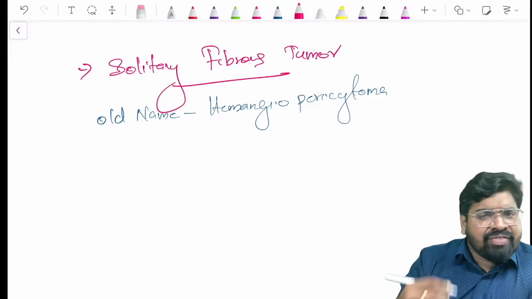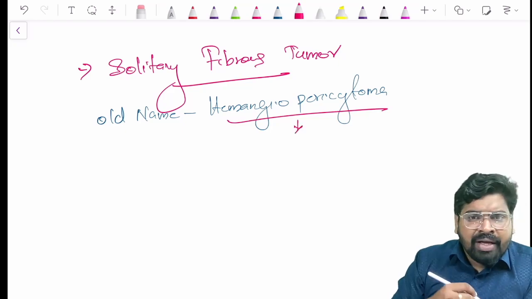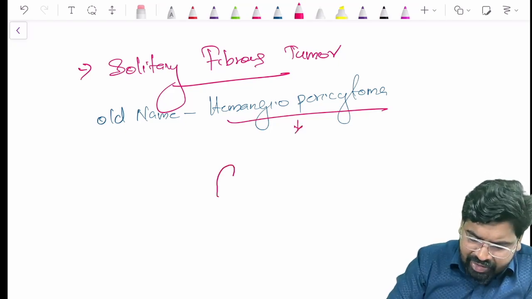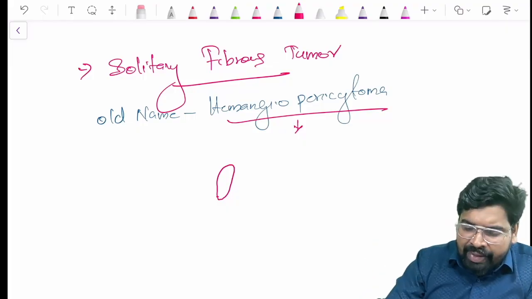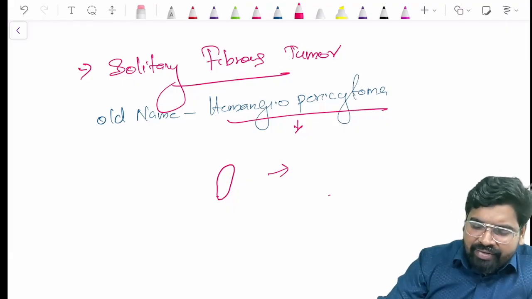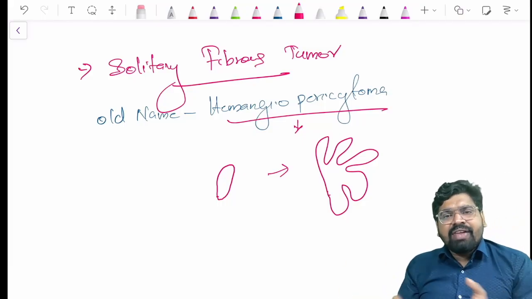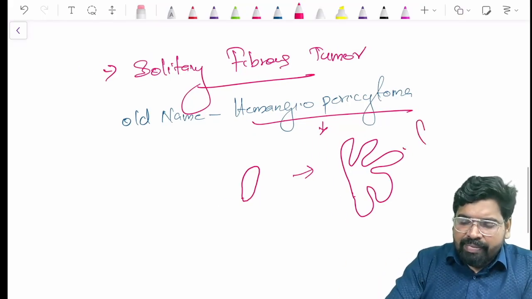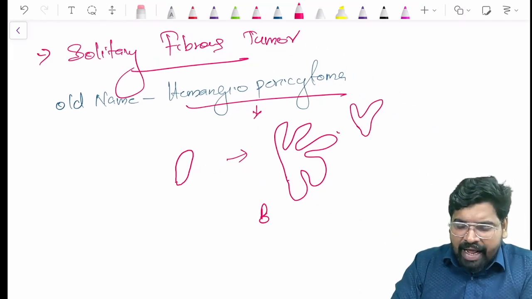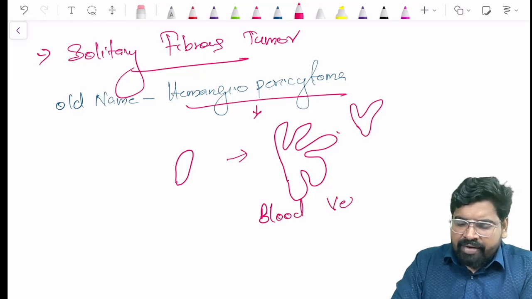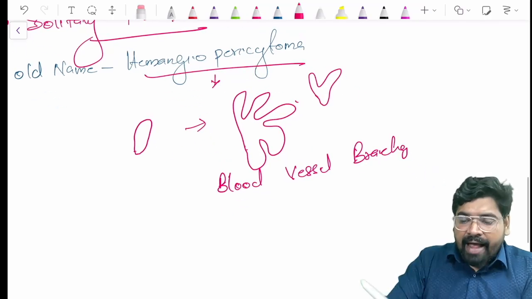Now what is the feature of these hemangiopericytomas? These are blood vessels. In normal condition, blood vessels are just round structures, but in certain tumors, the blood vessel will have branches. Blood vessels will show branching, and that branching is looking like a stag horn.